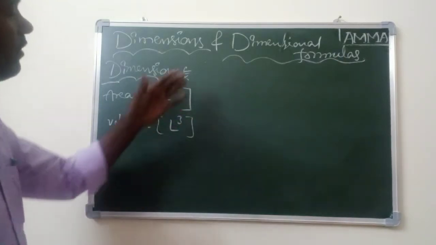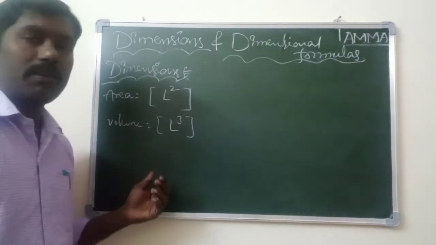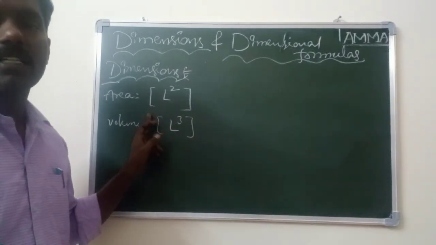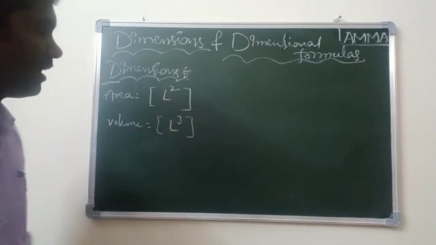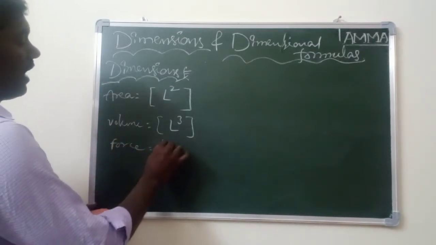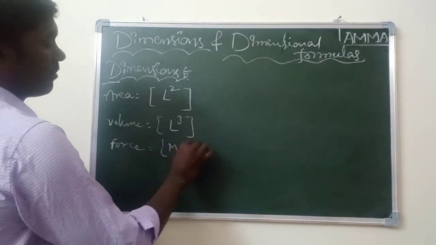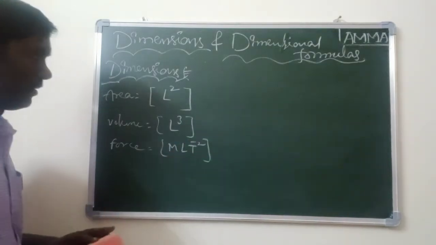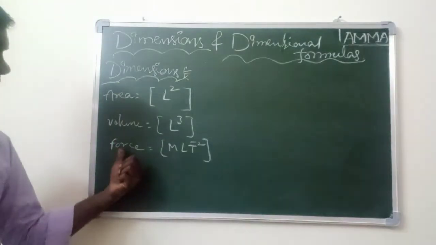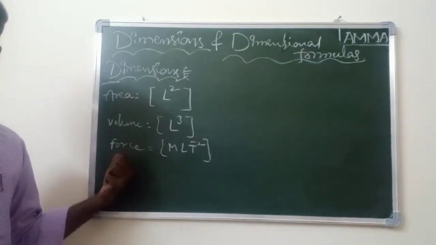Each dimensional formula can be represented by this square bracket. For suppose force is there. Force is a derived quantity and M L T minus 2 is the dimensional formula of the force.